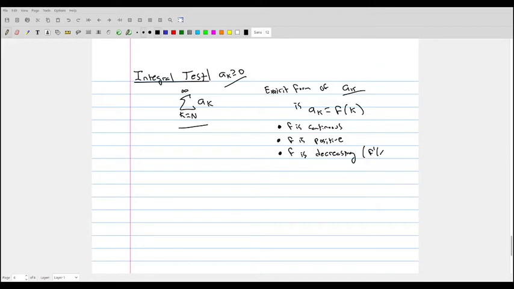So the derivative of f has to be less than 0 for positive values of x. So on the domain that we're considering, if these three things are true about this function, then the integral test says the following.